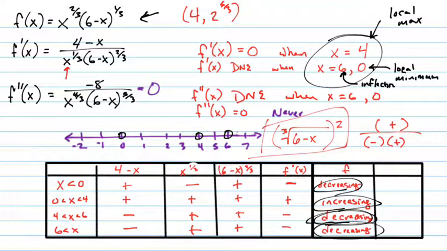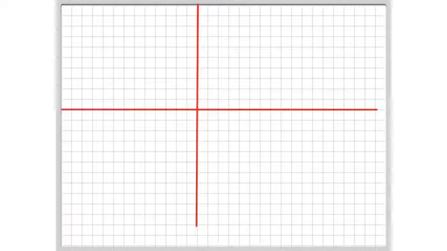If I put in 0, I get 0. If I put in 6, I get 0. So I know exactly where my local max and local min are, and where my inflection point is. So I've got a point 0, 0. That's a local min.